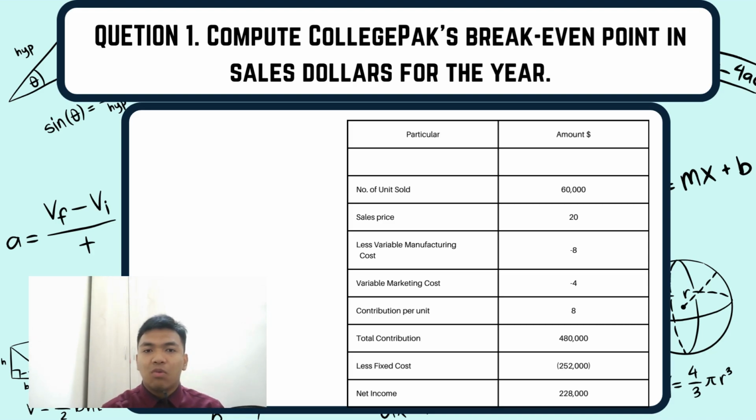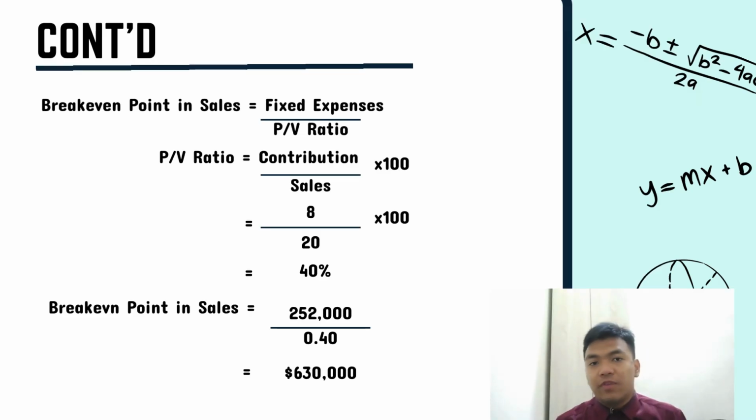After that, the amount is multiplied by 16,000, the number of units sold from the question, and we get total contribution, which is $418,000. The final step, we must less the amount with fixed cost, which is $252,000. After calculation, we get the net income, which is $228,000.